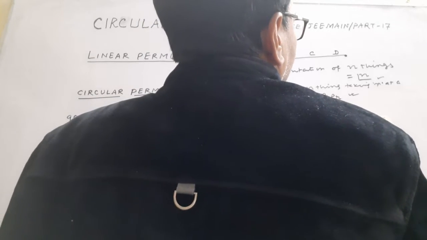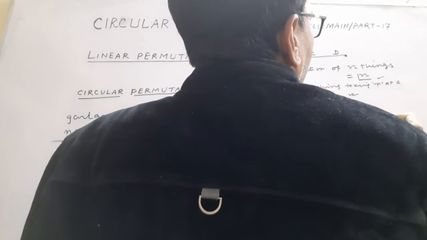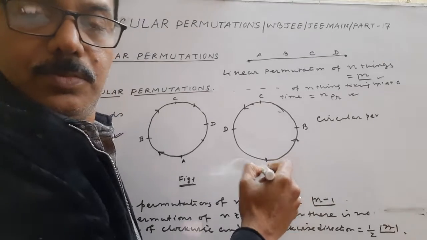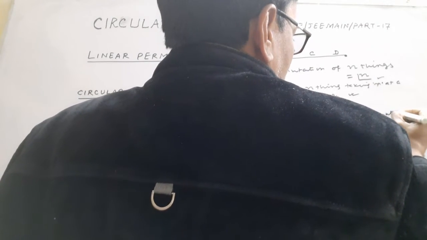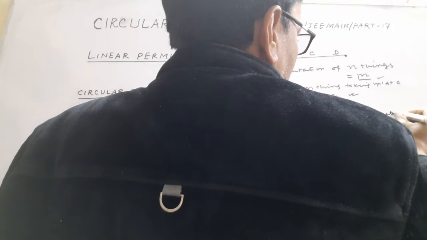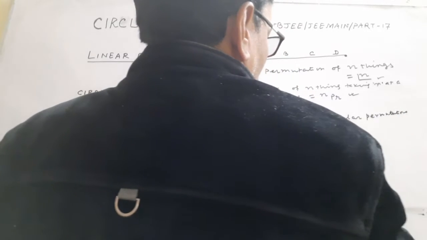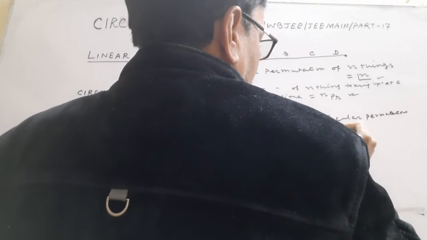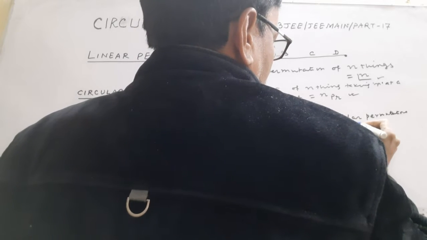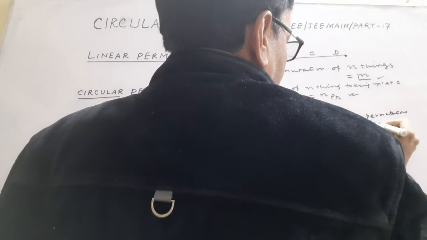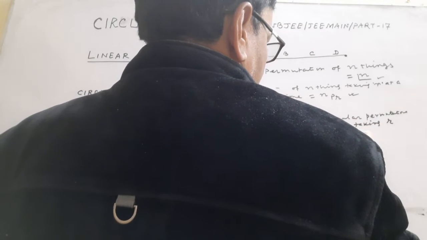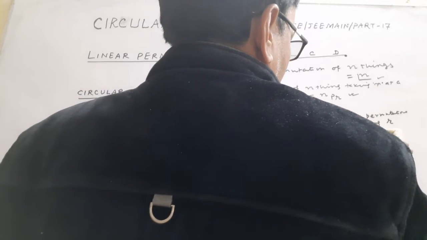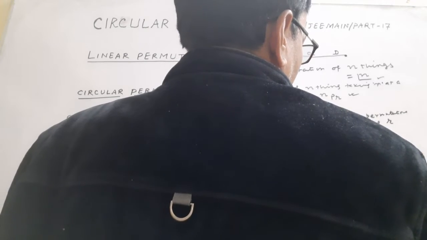Similarly, circular permutations of n things taking r at a time equals nPr by r.